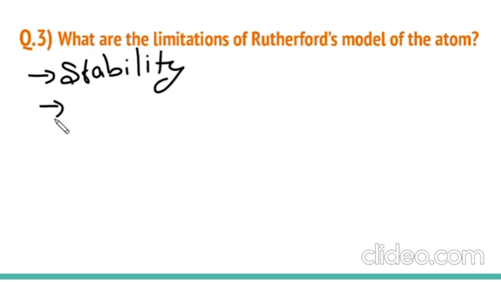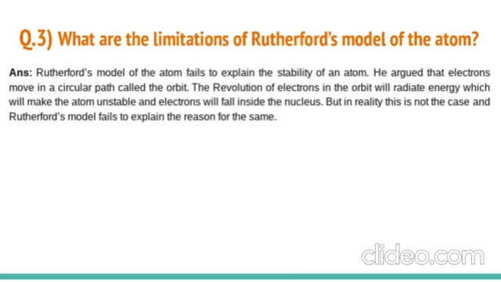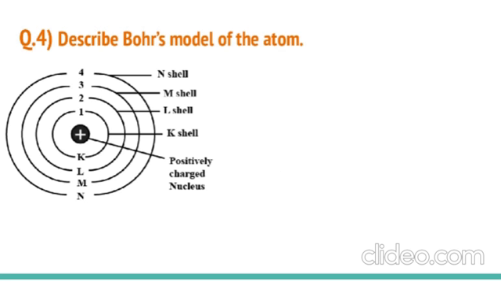As we studied, due to acceleration the electrons may fall into the nucleus, but these things were not explained. He just argued that electrons are in a circular path; they move in the orbits. But this revolution can produce energy. So how is that energy coming? It will make the atom unstable. How was it? It was not at all explained. So that's why Rutherford's model was also not working out.